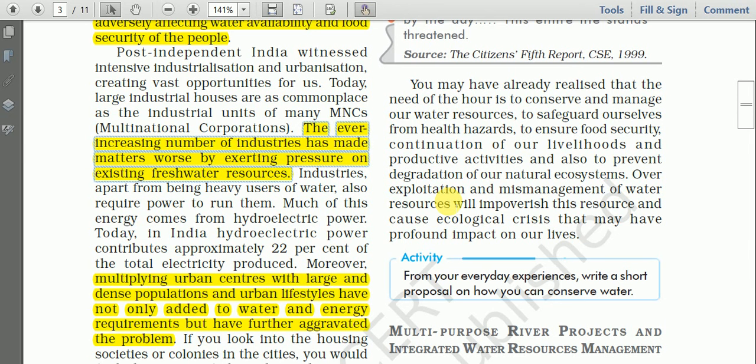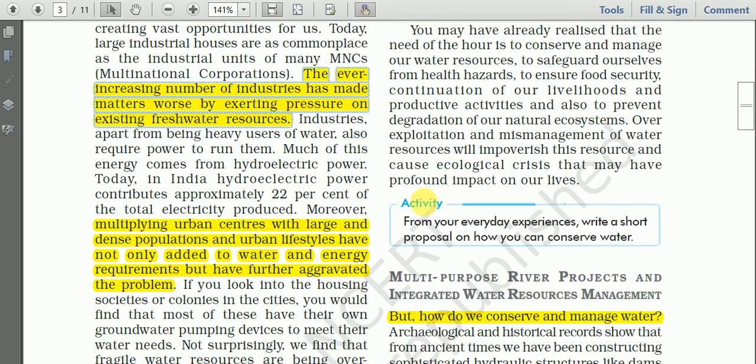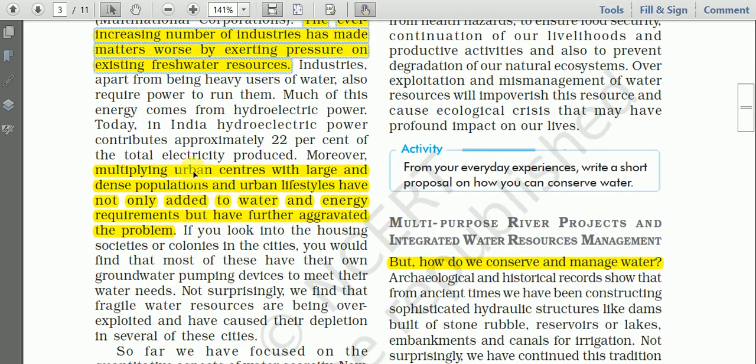It means the use of fresh water will increase, and because of that there will again be a shortage of water for human use. And another important cause is also given here.